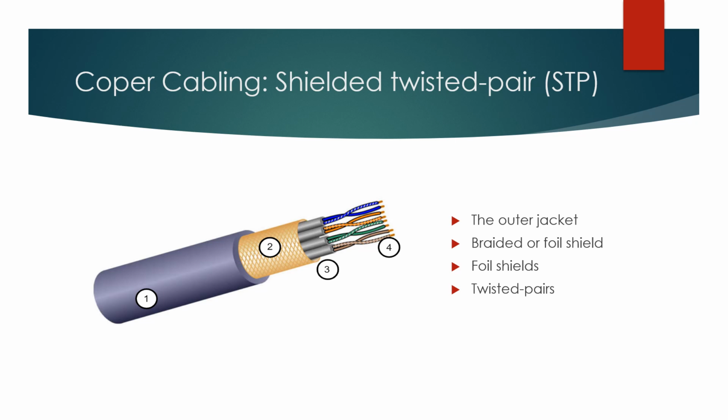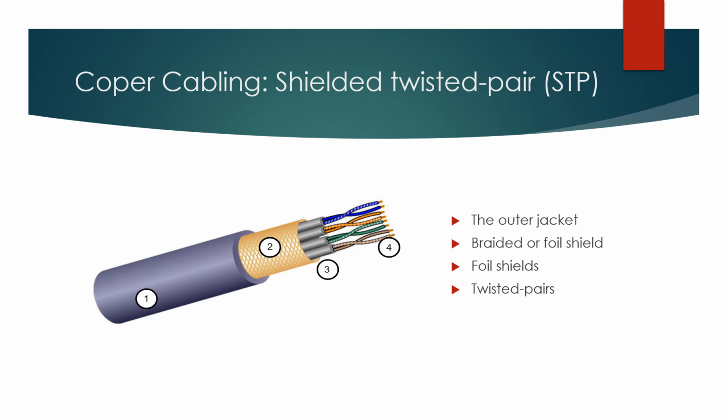The STP cable shown in the figure has 4 pairs of wires, each wrapped in a foil shield, which are then wrapped in an overall metallic braid or foil. And as you can see in the figure, there is the outer jacket that will protect them from physical damage.